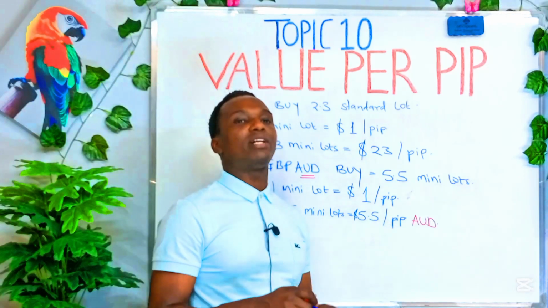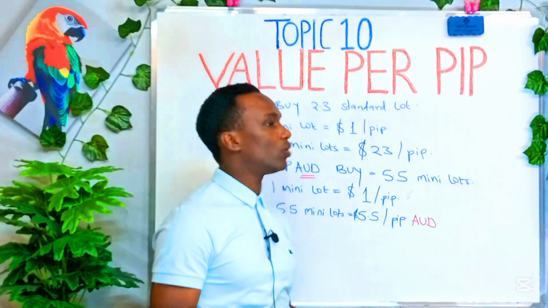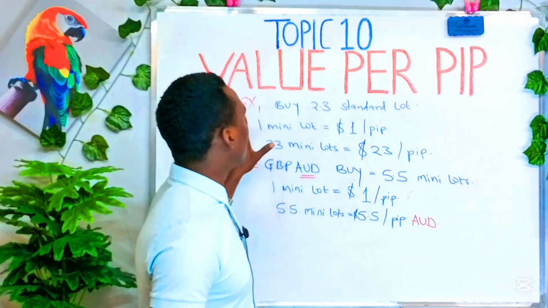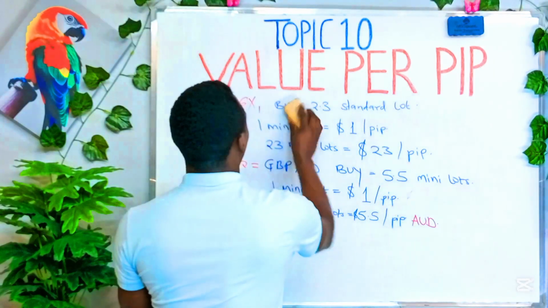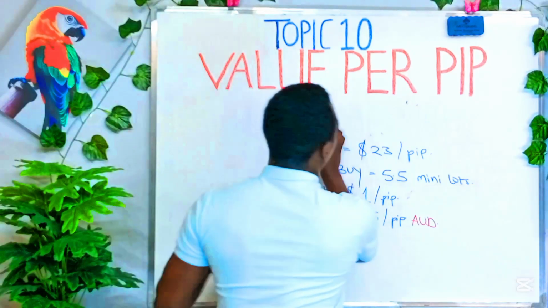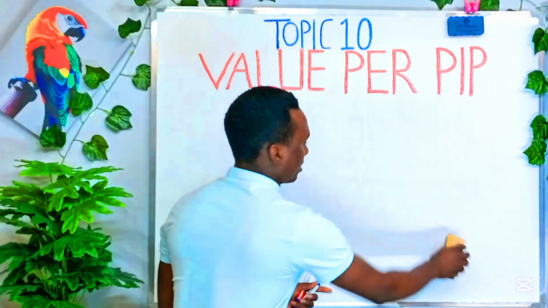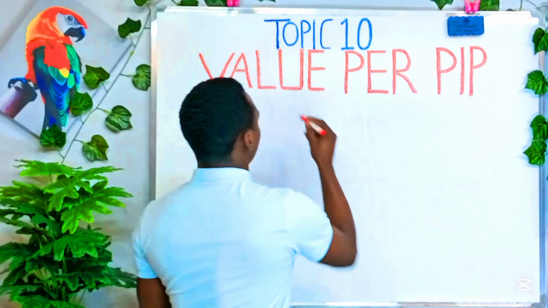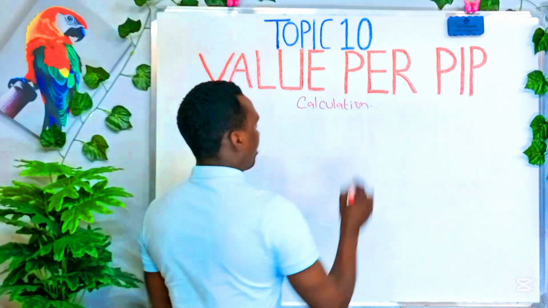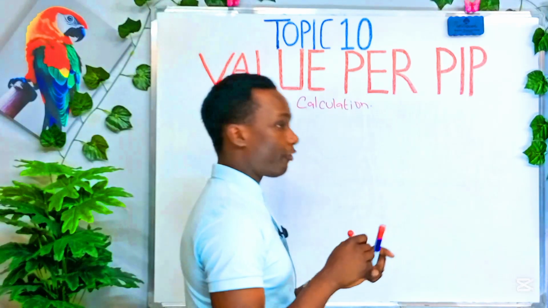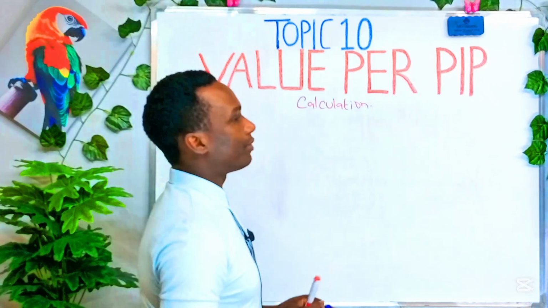Let us go now directly to the calculations. How do we calculate the value per pip? Before we go there, we must look at the formula for calculating pip value.